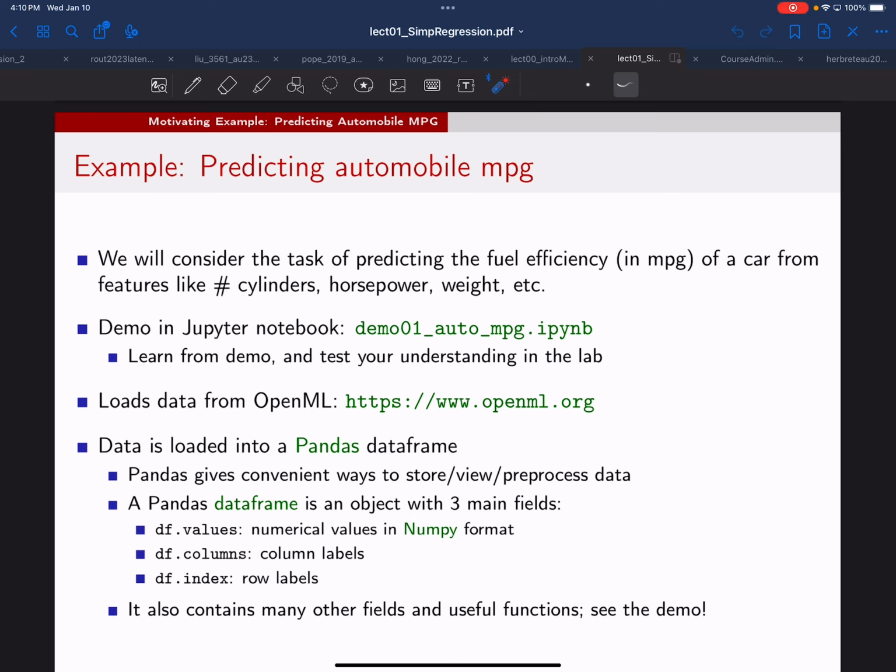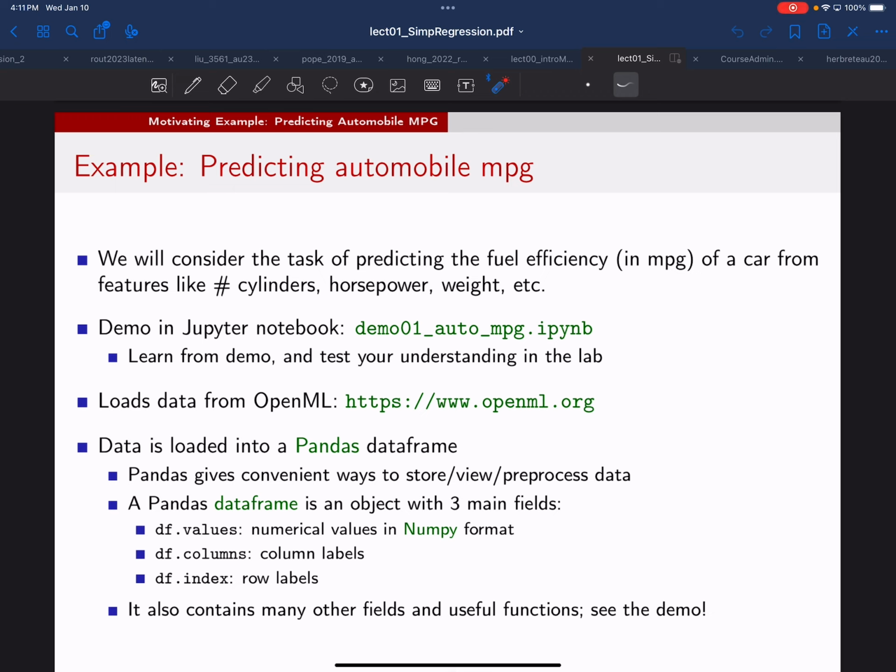And the theoretical ideas will be applied, you'll see them applied to that particular problem. So for this first unit 1, the objective and the data set has to do with predicting automobile miles per gallon from features like number of cylinders in the car, the horsepower, the weight, etc.